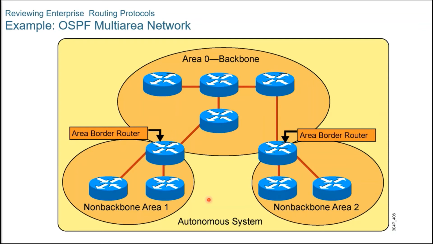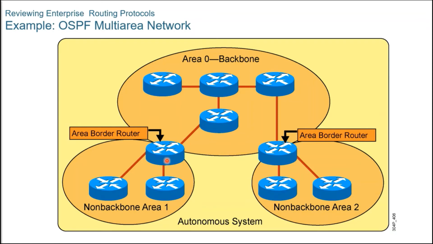In OSPF, there must always be one backbone area, which is Area 0, to which all other non-backbone areas must be directly connected. So you've got Area 1 here, Area 2. These non-backbone areas should be directly connected to Area 0, the backbone, via the Area Border Router, or ABR.